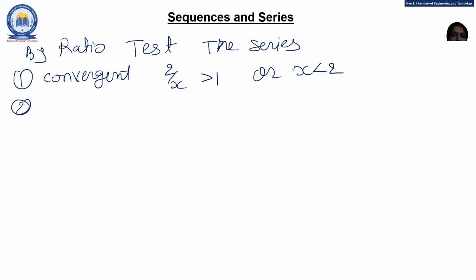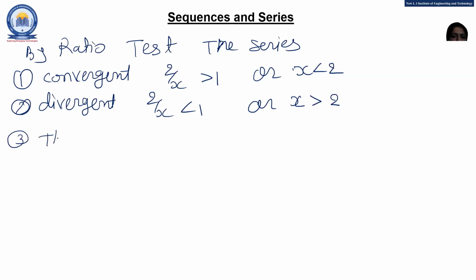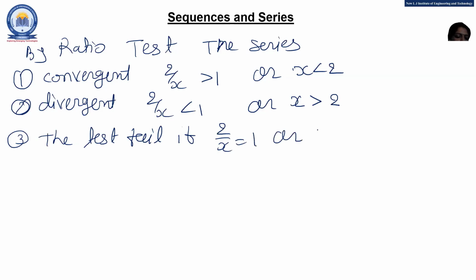And the series is divergent if 2 by x is less than 1, or we can say x is greater than 2. The test fails if 2 by x equals 1, or we can say x equals 2, right?